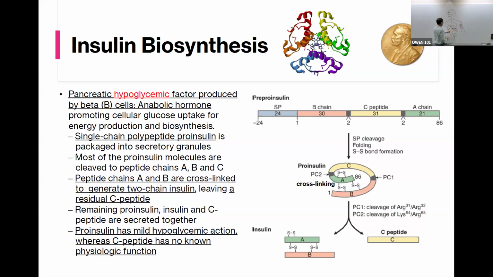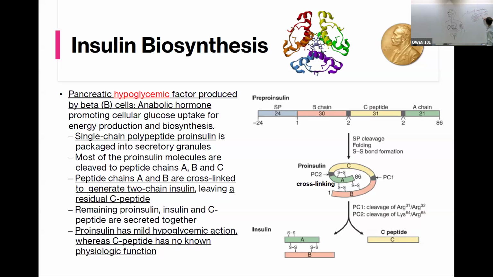This is the pancreas, right? In the pancreas, you have what? You have alpha cells or A cells, and beta cells or B cells.